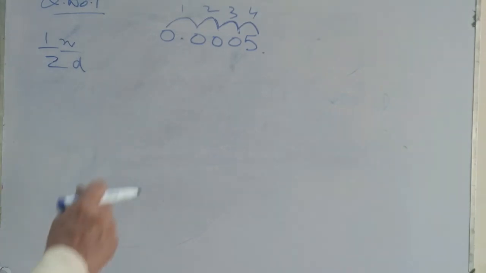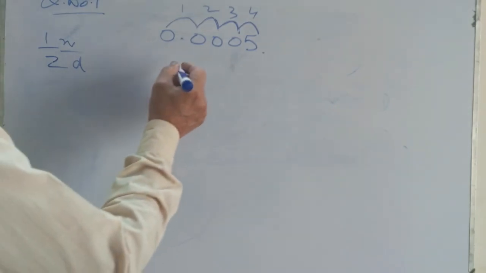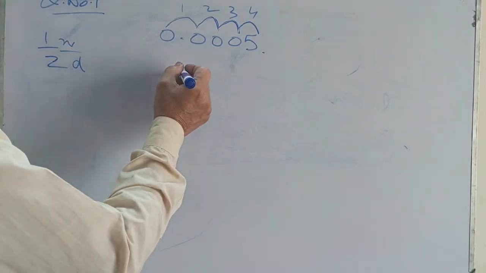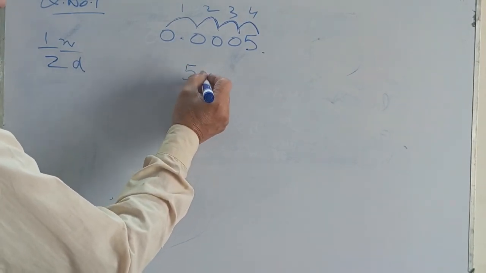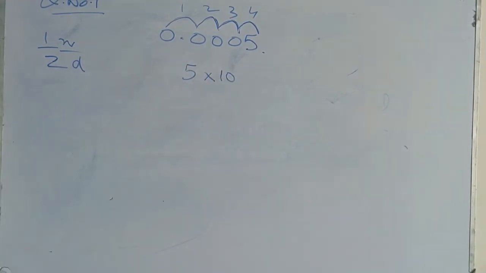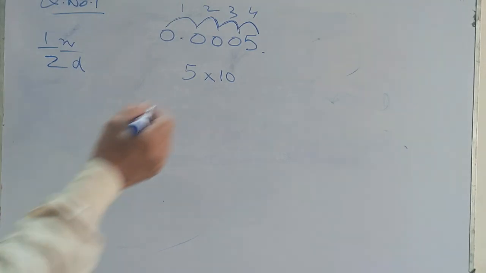These are 4 waves. So what will we write? We will write here 5 into 10 raised to power minus 4.